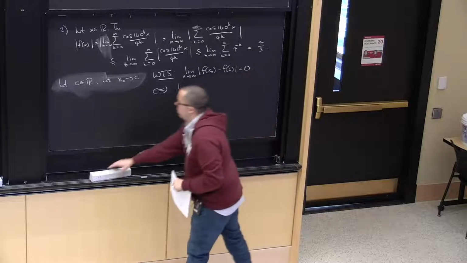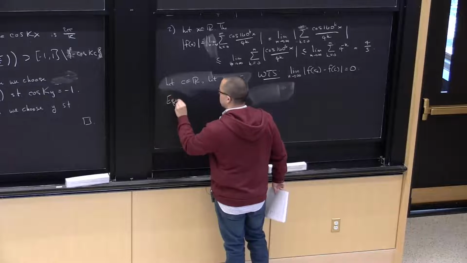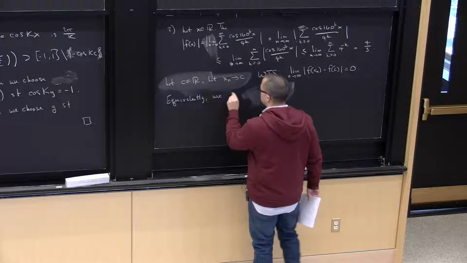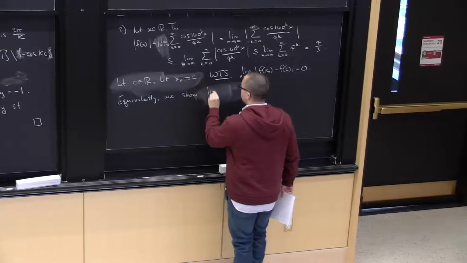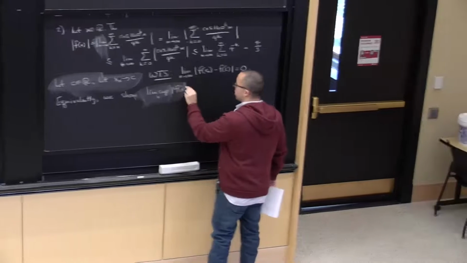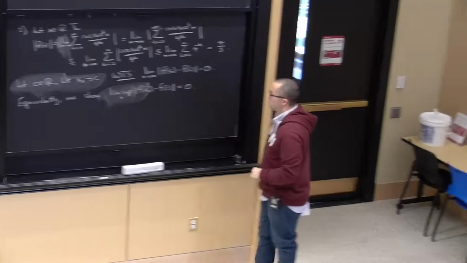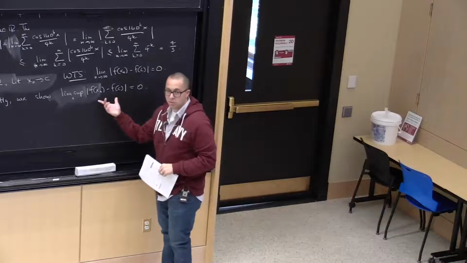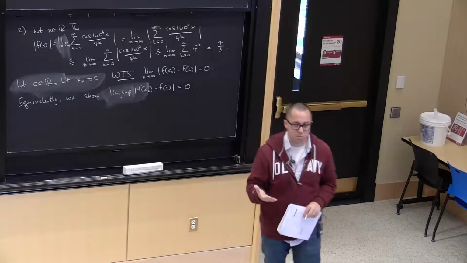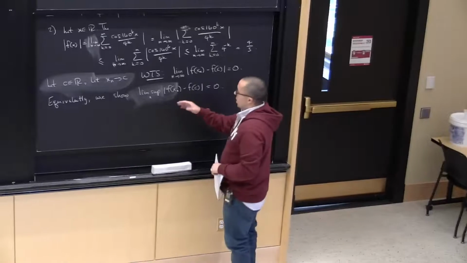So equivalently, we'll show that the lim sup of the absolute value of f of x_n minus f of c equals 0. All right? This thing always exists for a bounded sequence, okay? Which is one of the reasons that makes lim sup so useful, is that they do always exist.